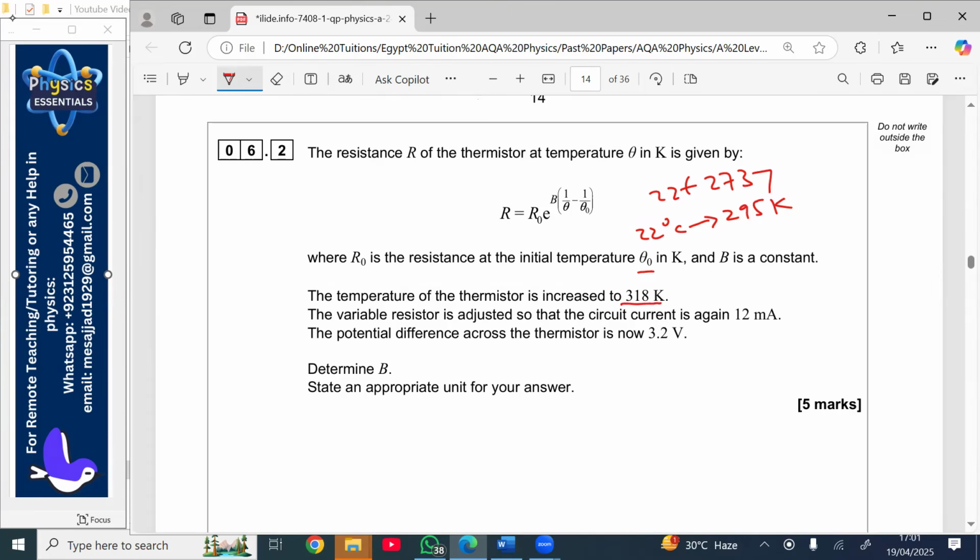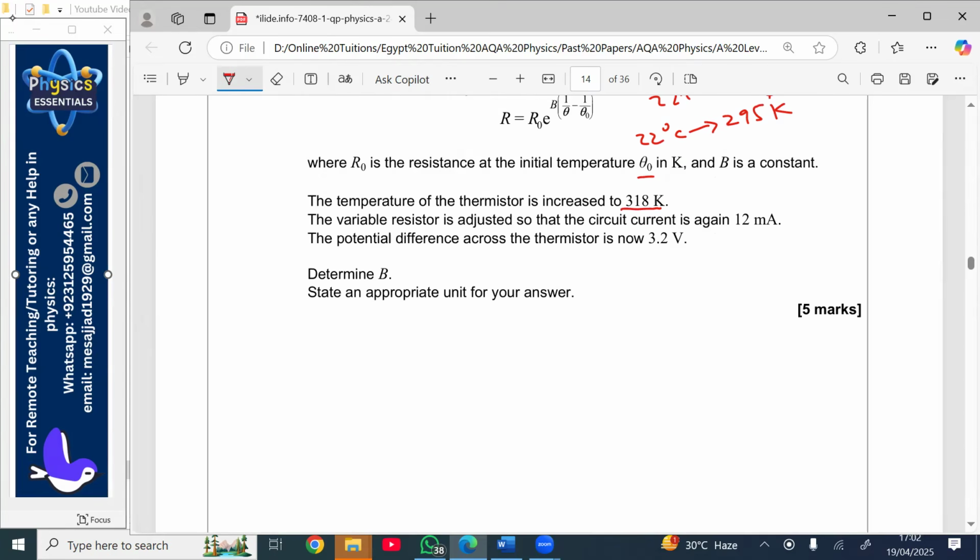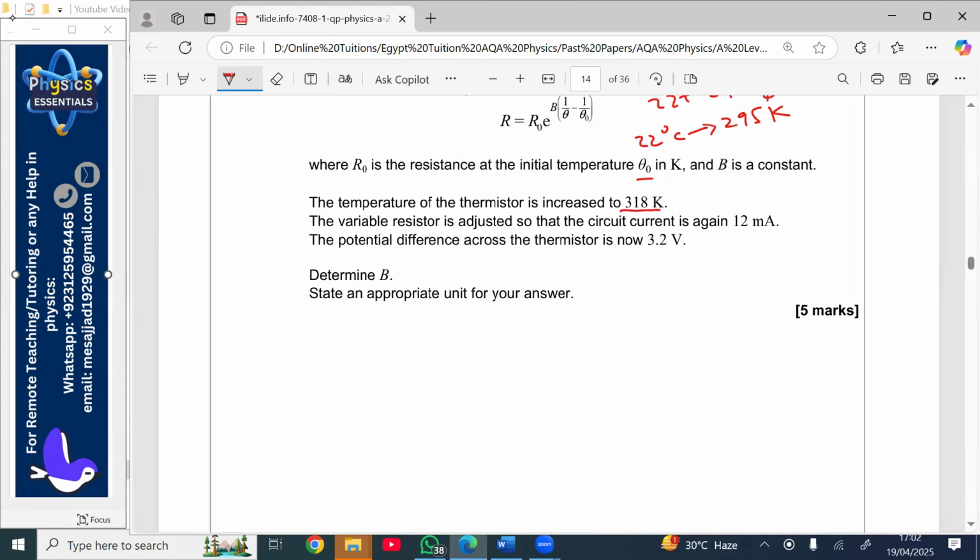This is your initial temperature. The variable resistor is adjusted so that the circuit current is again 12 milliamps. The potential difference across the thermistor is now 3.2 volts. Determine B. State an appropriate unit for your answer.